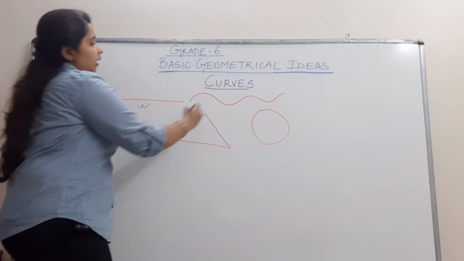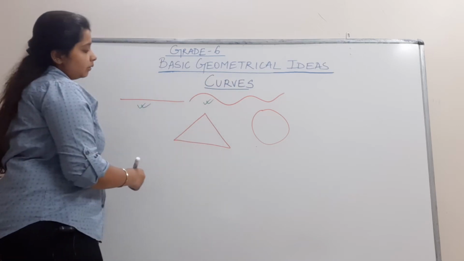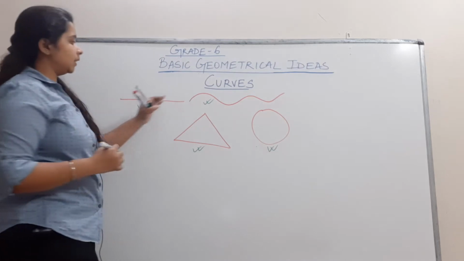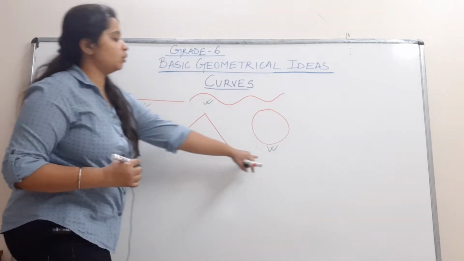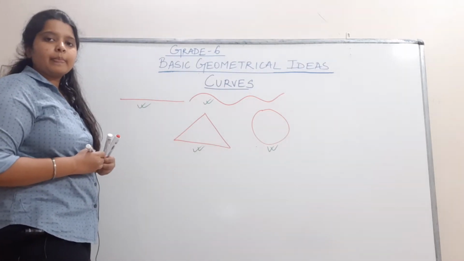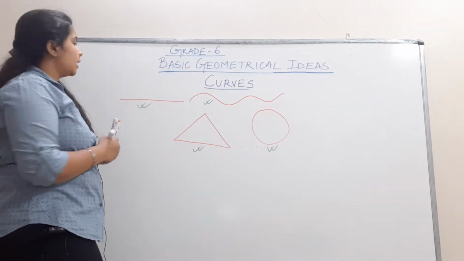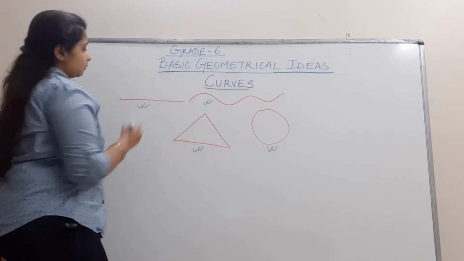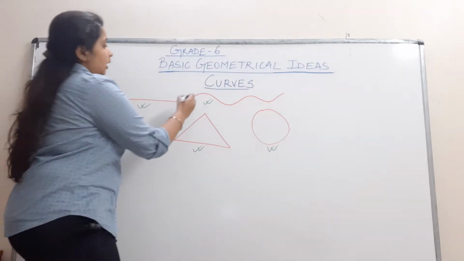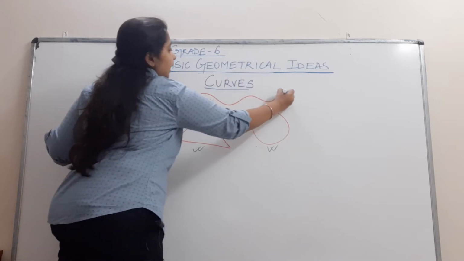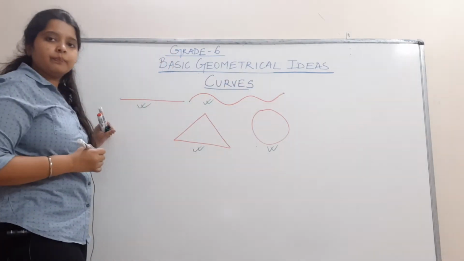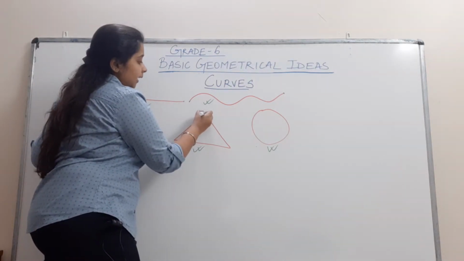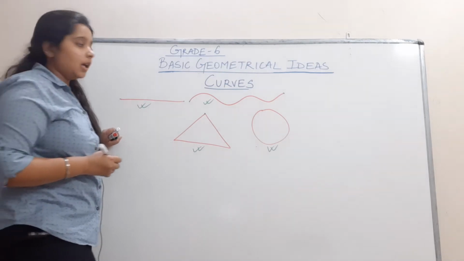Now observe these two, this curve and this curve, and observe this and this. Do you see any difference between these two and these two curves? Yes, there is a difference. In these two, the starting and ending points are different. In this also, the starting and ending points are different. But in this, the starting and ending points are the same.